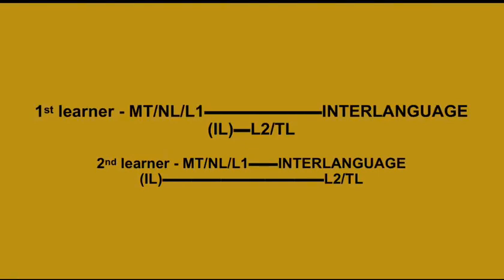Now, this first learner is closer to achieving competence in the target language compared to the second learner, who is still far away from attaining proficiency in the target language. So it is based on these two figures that we say that an individual's interlanguage is unique to that particular person, is unique to that individual.